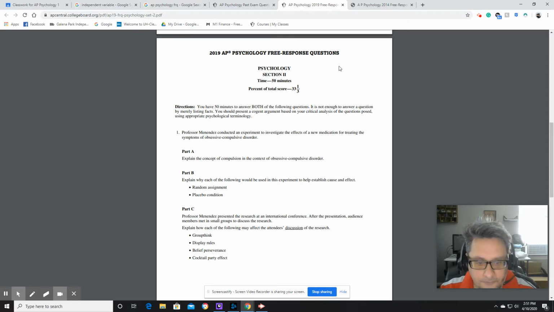So the placebo condition helps establish cause and effect, because if the people that are given the placebo show the same amount of improvement as the people that are taking the actual drug, then it's just the idea that they are getting help that's helping them, not the actual help.